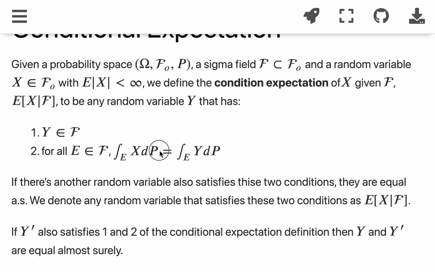Then the best estimate of x is a random variable y that is measurable with respect to F, and they are basically almost surely equal, x and y on the space F. So we want to estimate x as long as our estimation y is very close to x on the space of F, right?